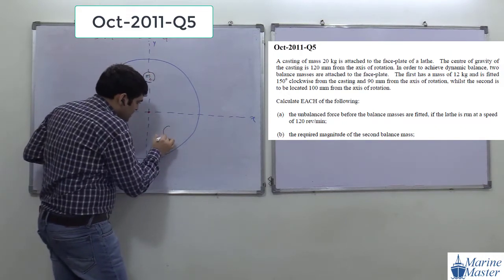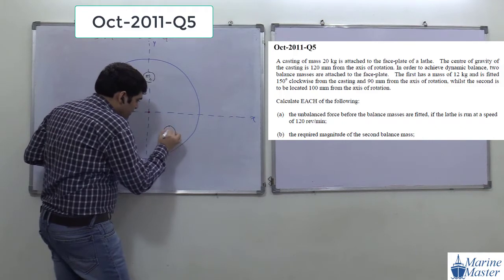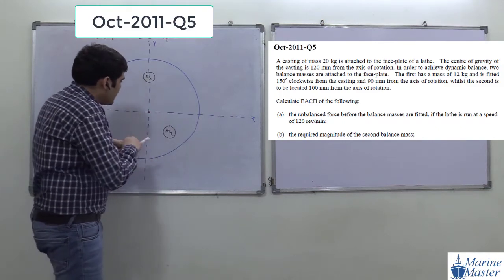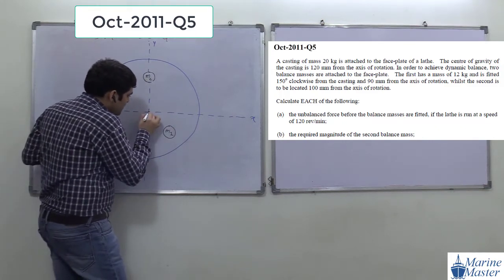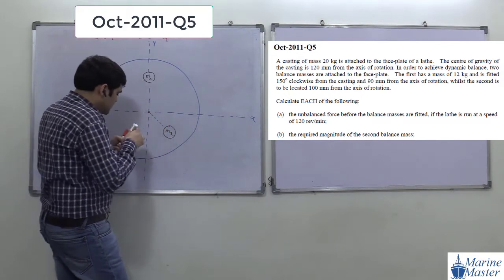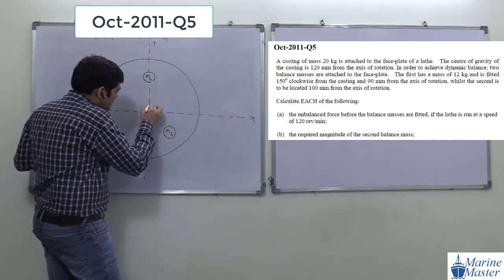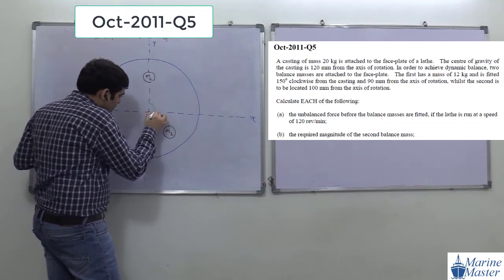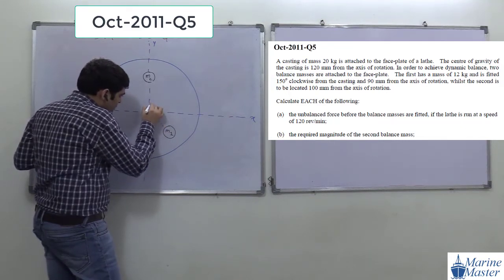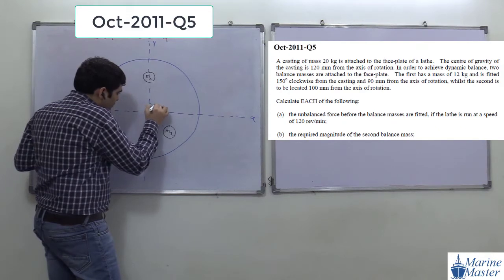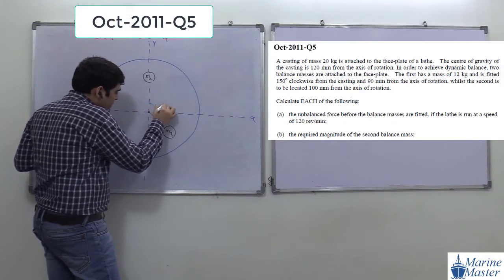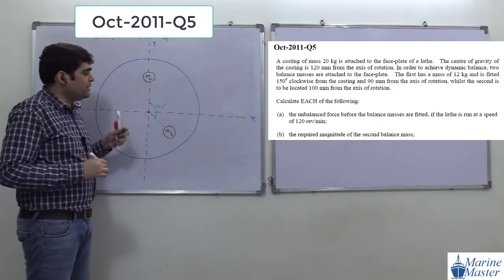First balance mass we denote by M1. With respect to the casting, how much is the angle of this balance mass? They have given us 150 degree.